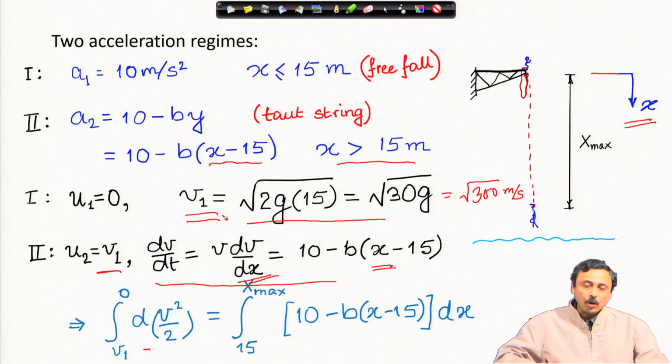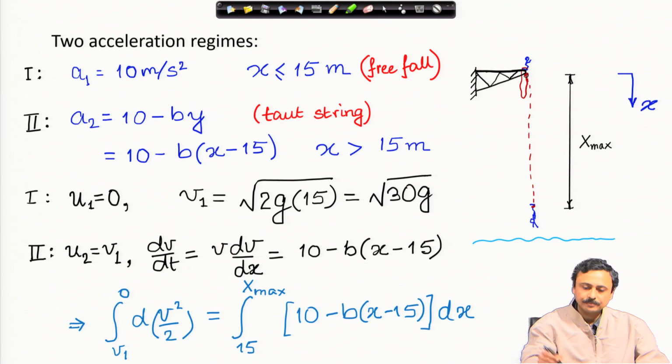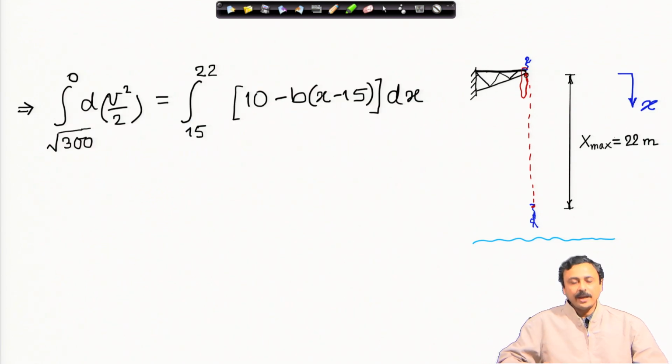We are covering the whole distance up to the maximum depth. Therefore, this restrained jump starts from 15 as written here in this limit and goes up to x max, which is 22 meter. And if I do this integral, on the left hand side the limits are root 300 to 0, on the right the limits are from 15 to 22, which is the restrained jump.